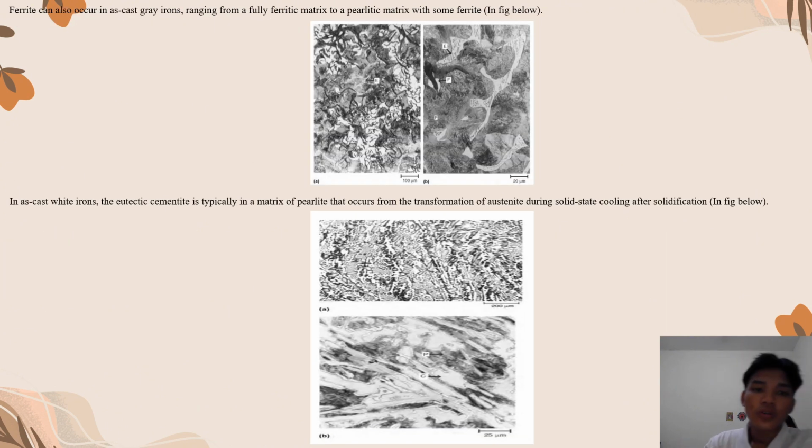Ferrite can also occur in gray irons, ranging from a fully pearlitic matrix to a ferritic matrix with some pearlite. In ductile irons, the austenite is typically in a matrix of ferrite, resulting from the decomposition of austenite formed during solidification, called after solidification.